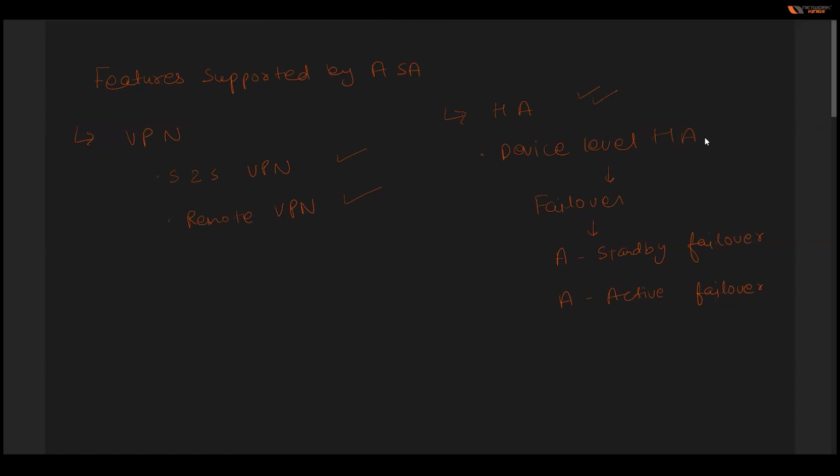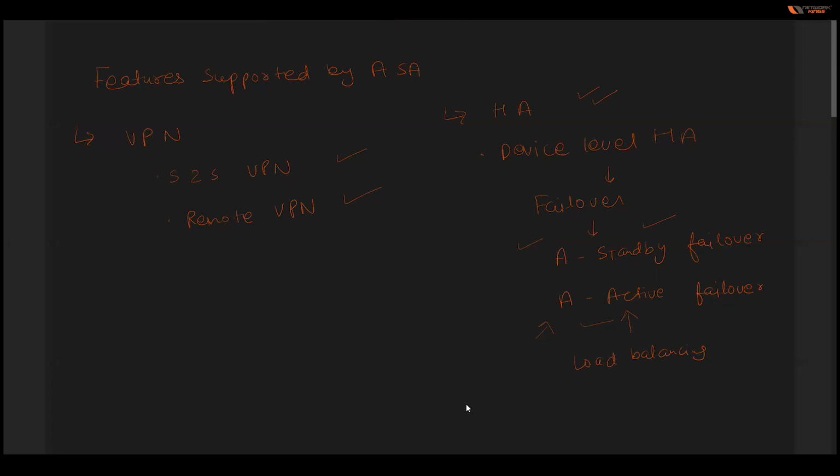We talked about how we create this by making one firewall active and one in standby. But there would also be a scenario where we have two firewalls, both in active state, and we do load balancing between them. We talk about that also.